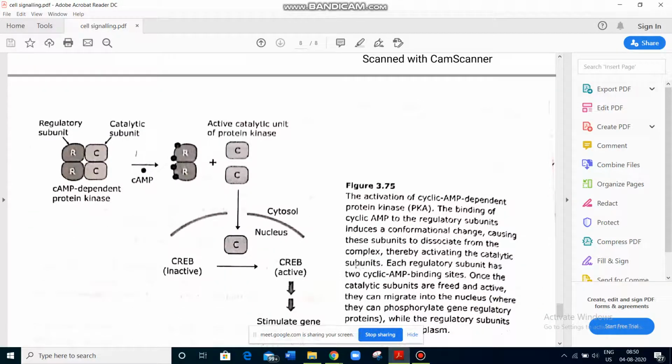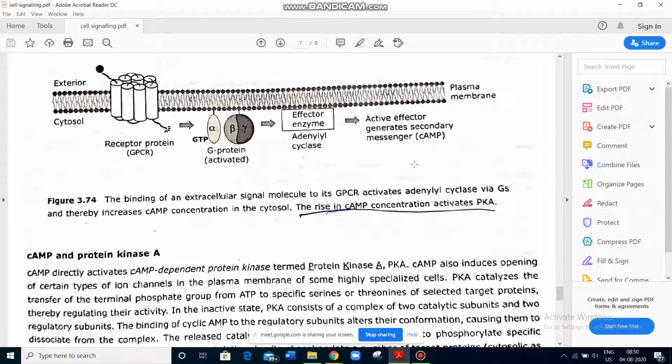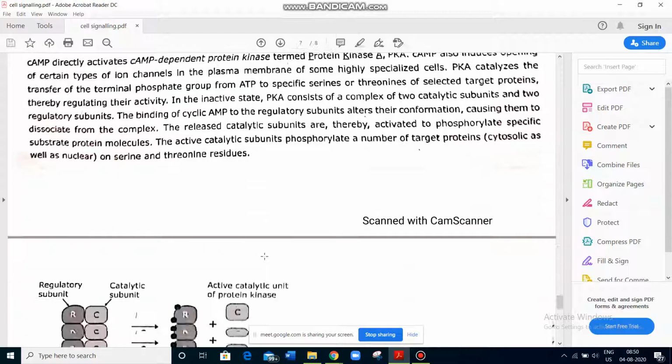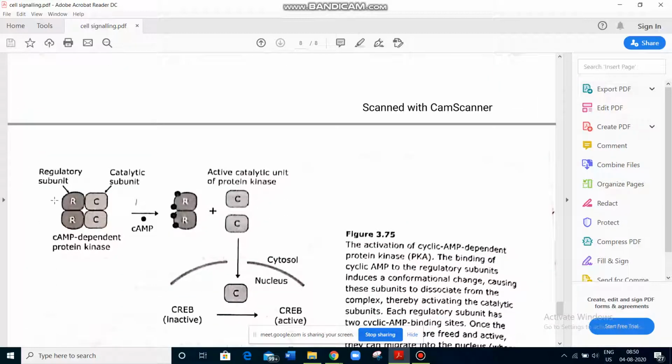So this cAMP will activate protein kinase, protein kinase A, PKA, the cyclic AMP dependent protein kinase. This protein kinase has two types of subunit: R stands for the regulatory subunit, and C is the catalytic subunit.